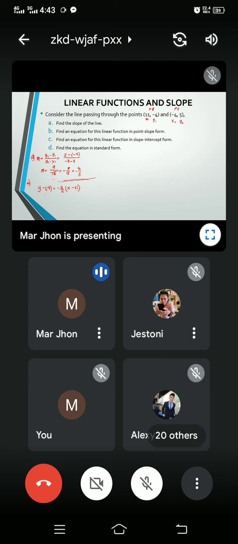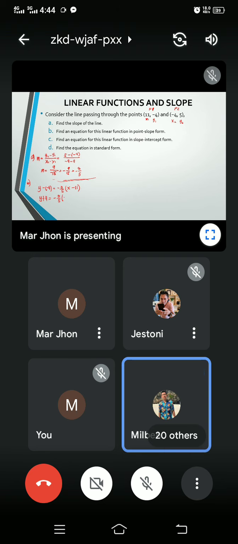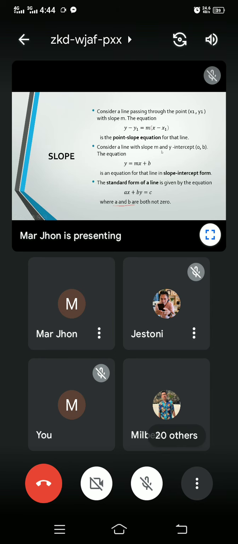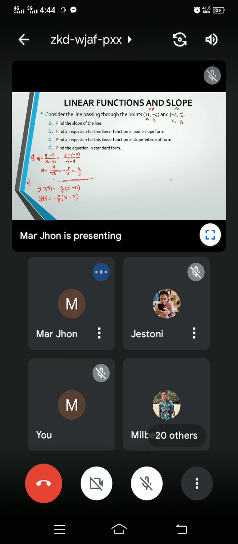So you have now negative times negative positive. So y plus 4 is equal to negative 3/5 times x minus 11. So, parehas lang forma. So, that's the point slope equation. Pattern gyud na sila, sir. Sunod gyud no.